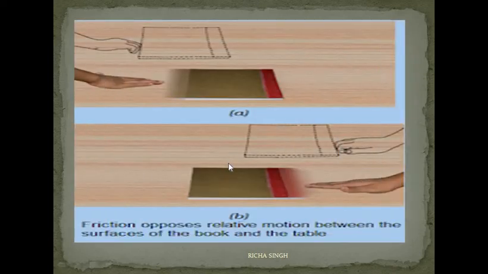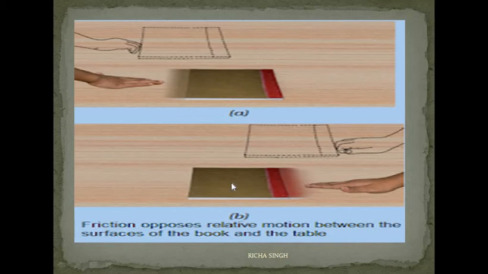Now this is activity number 1 from your book, where the book is placed. This is the original position of the book, and then the book has been slid, and the position of the book turns out to be this. In figure B also, this was the actual position of the book, and when you have slid it, this is the final position of the book.